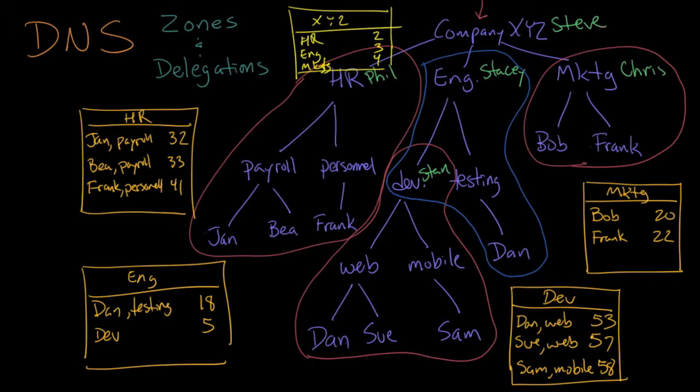So here's where all these terms come in. You can probably guess what this is already, but each one of these circles here is a zone. So there's the marketing zone, there's the HR zone, the development zone, and the engineering zone. And finally, there's the big one here at the top, which is the XYZ zone.